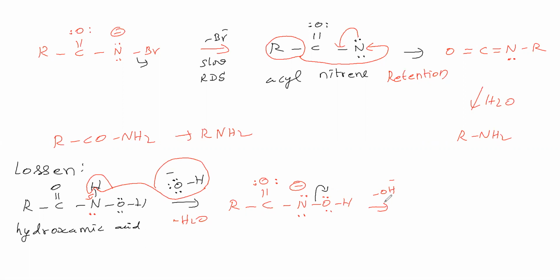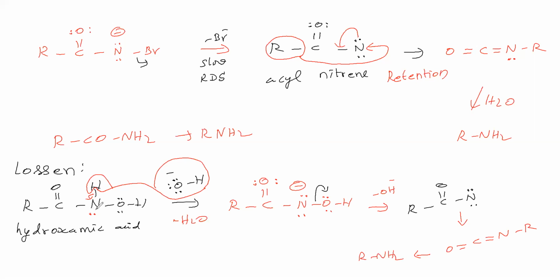This bond is shifting, OH minus is leaving, and we get acyl nitrene. Next step is rearrangement, and we get isocyanate. This isocyanate on hydrolysis gives RNH2. This is called the Lossen rearrangement.